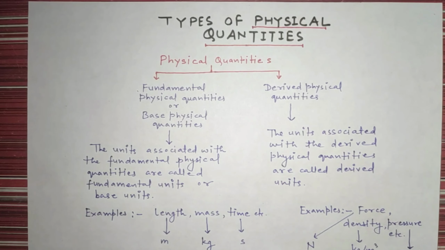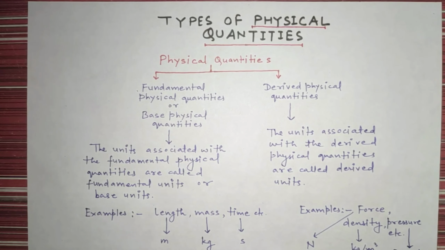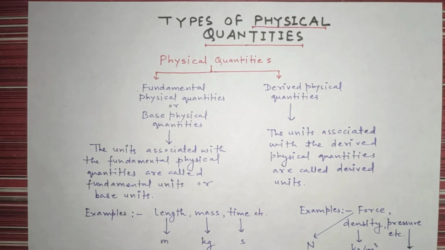It is thrust per unit area. It means we can write it as kg per meter second square. So these are the units. So here we have written the SI units.